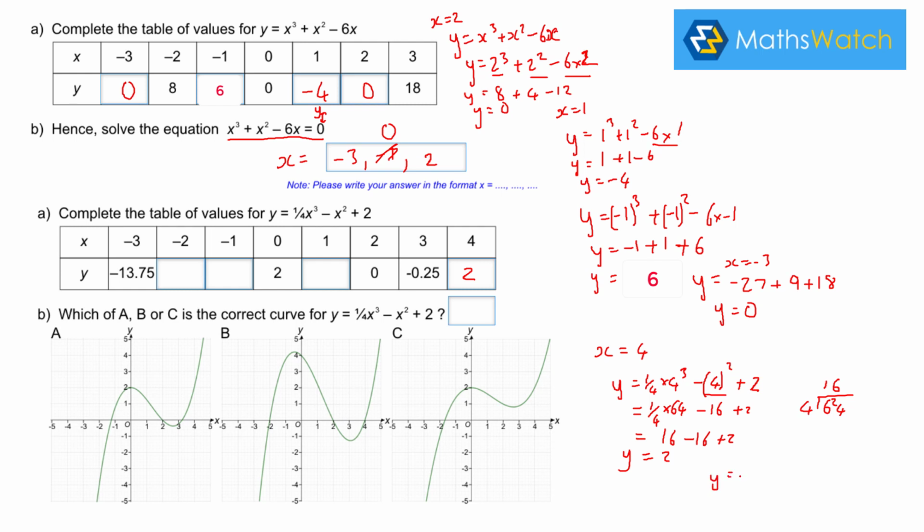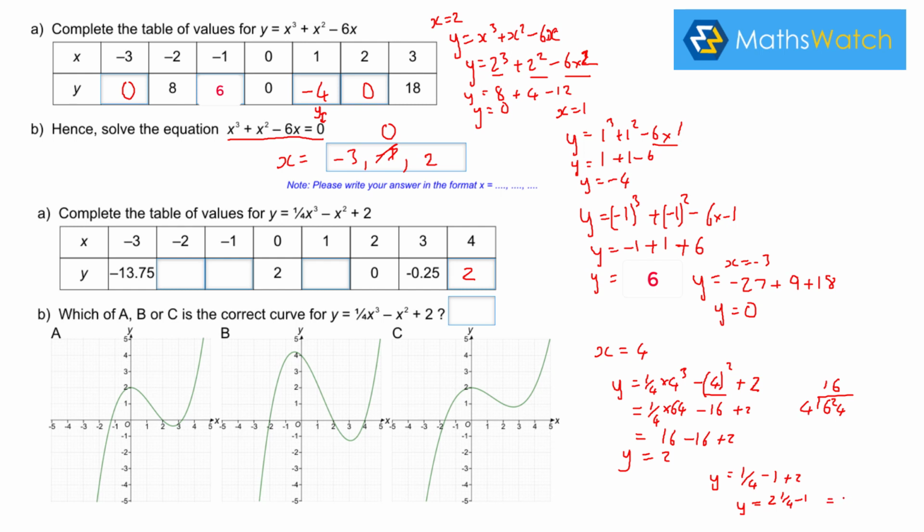So when x equals 1, well, that's going to be easy because you're going to get y equals a quarter times 1, which is a quarter, right? Because 1 cubed is 1. So you're going to get a quarter minus 1 plus 2. So you're going to get y equals, now what's this? You've got 2 quarters minus 1, right? Together.